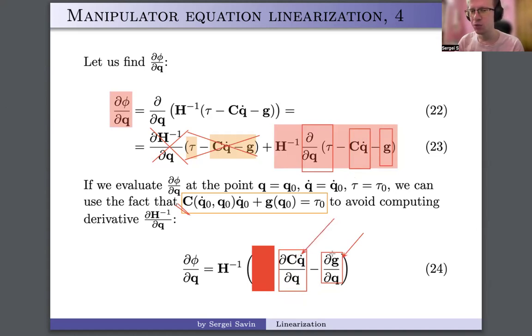Well, this guy happens to be one of the worst parts of linearization, because to compute C itself, you have to compute what we call Kronecker symbols, or depending on how you do it, you can also compute it through the first derivative of H. So it depends. But basically, C is already full of partial derivatives, and here you're asked to take one more partial derivative. In terms of computations, this part is the worst. It's pretty bad. But yeah, you can do it.